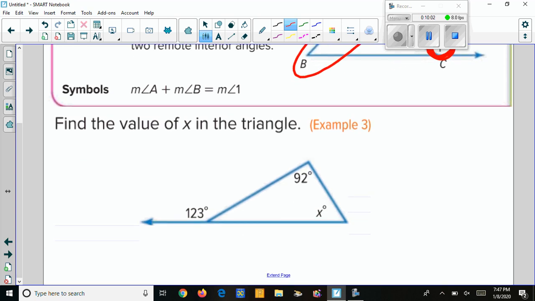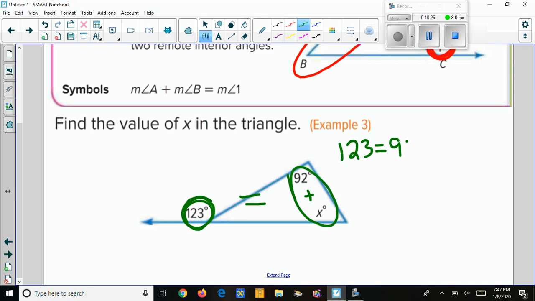So let's take a look. So let's find the value of x. So here's what I know. I have an outside angle, and the outside angle is equal to these two angles added together. So I know that the 123 is equal to the sum of the two inside angles.